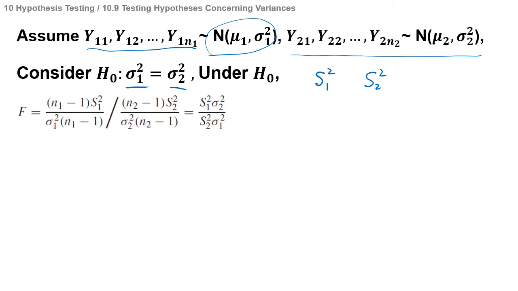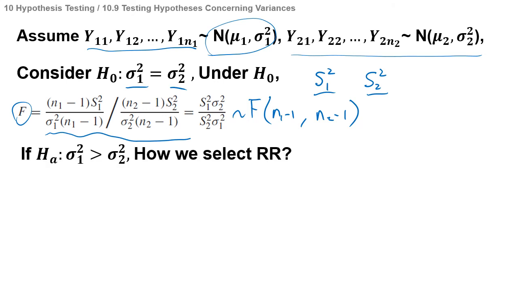So using S1 and S2, if you define it this way, this follows an F distribution with degrees of freedom n1 minus 1 and n2 minus 1. And so you can use this F distribution for doing the inference about the sample variances.